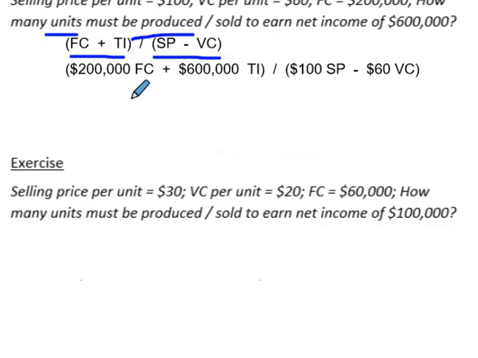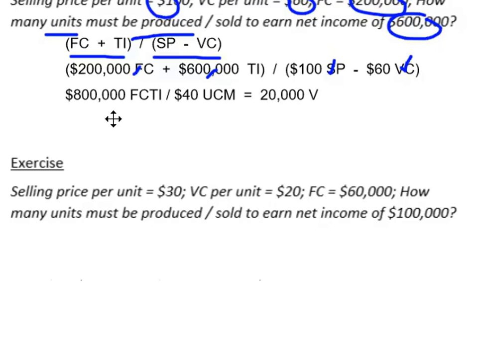When we drop the numbers into the formula, we have $200,000 worth of fixed costs plus our $600,000 of target income. That quantity then should be divided by our selling price of $100 minus our variable cost of $60, and that's going to equal our unit contribution margin.